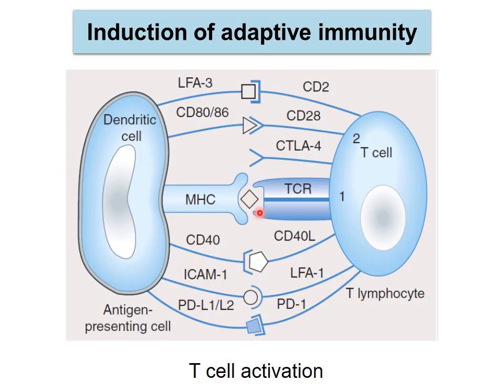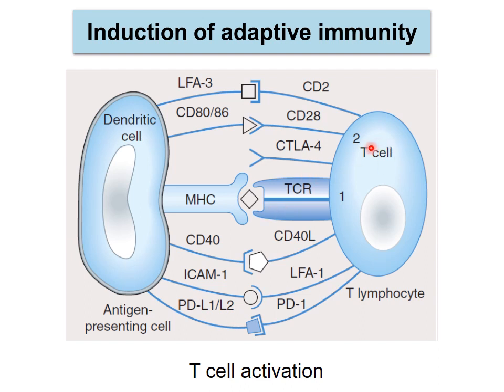This is a similar diagram as shown in the previous slide. This is an antigen presenting cell. On the antigen presenting cell, there is MHC peptide complex which is presented to the T cell receptor of the T cell. So this is a T cell receptor.